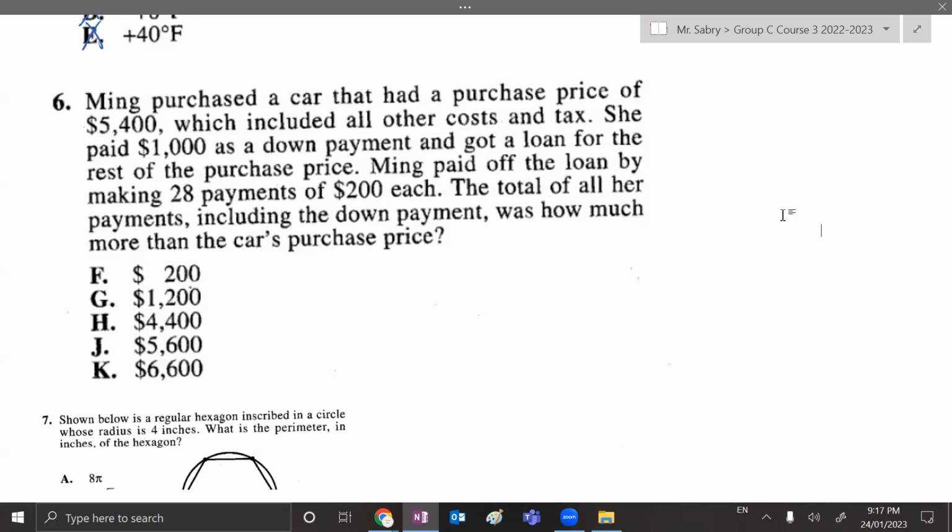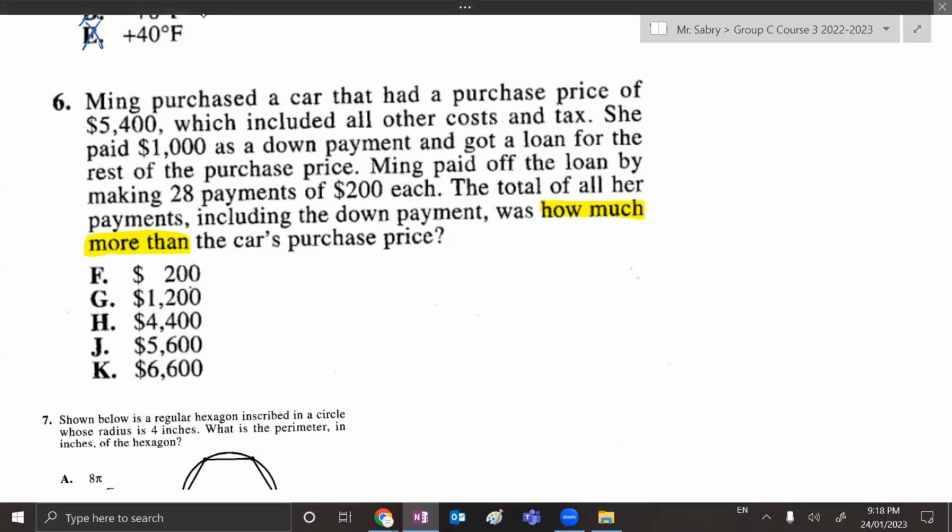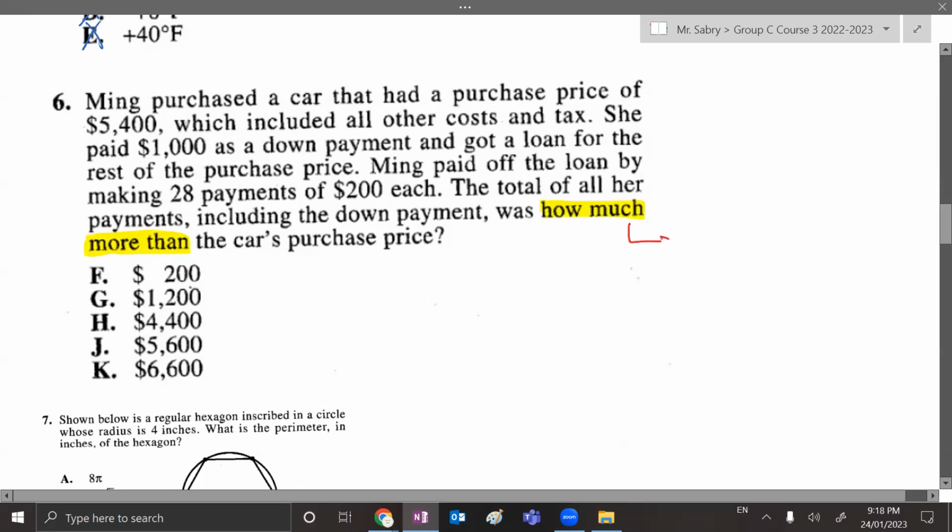So, first of all, there's a key word here. Whenever in any question they're asking how much more is something than something, or how much less, that means right away that you have to subtract two things from each other.